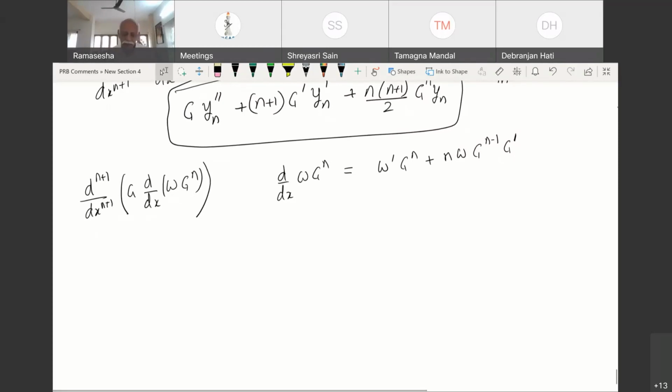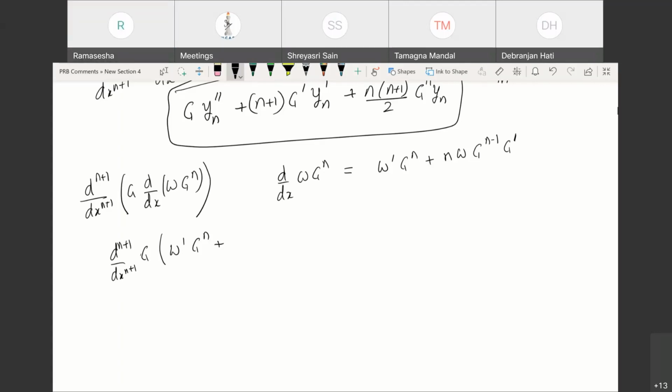Right? It has W prime g^n, d^n upon dx^n plus 1, g times this plus n W g^(n minus 1) g prime. To deal with. So what we will do is the following.